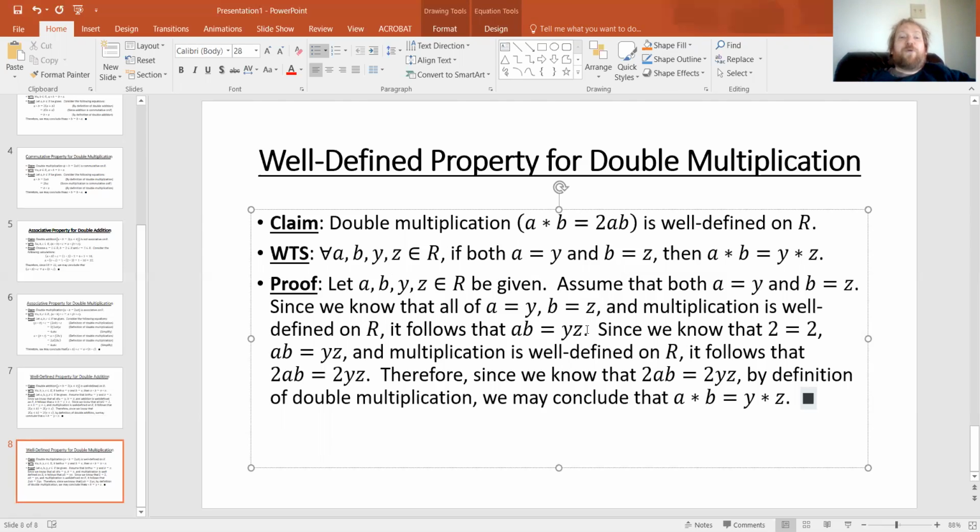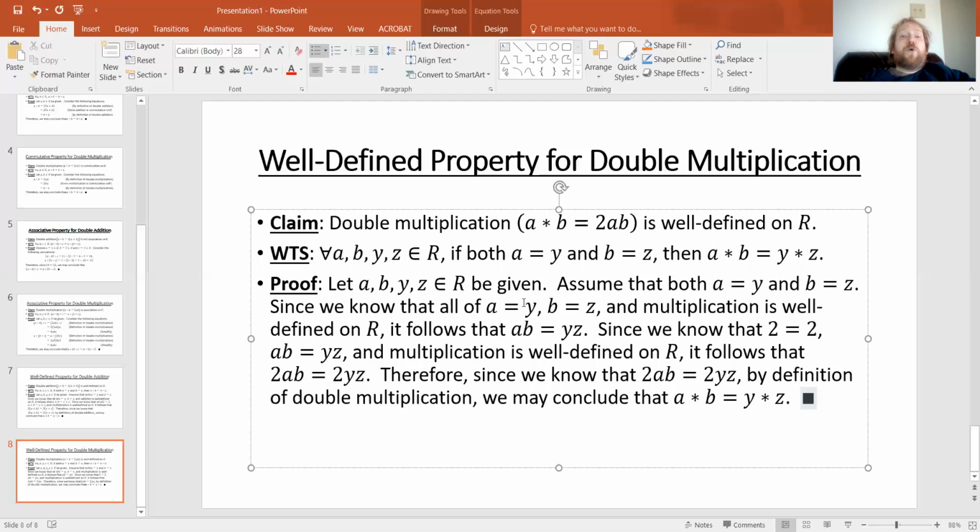Since we know that 2 equals 2, AB equals YZ, and multiplication is well defined on R, it follows that 2AB equals 2YZ. Therefore, since we know that 2AB equals 2YZ, by definition of double multiplication, we may conclude that A star B equals Y star Z.